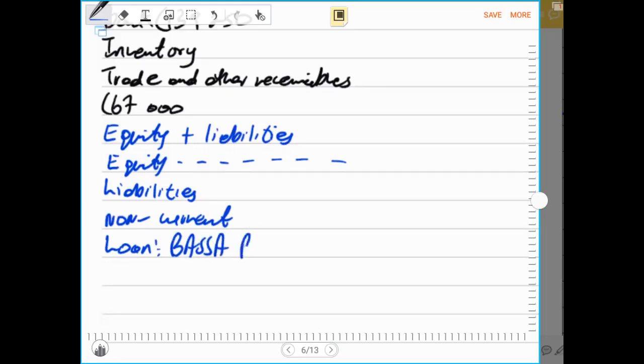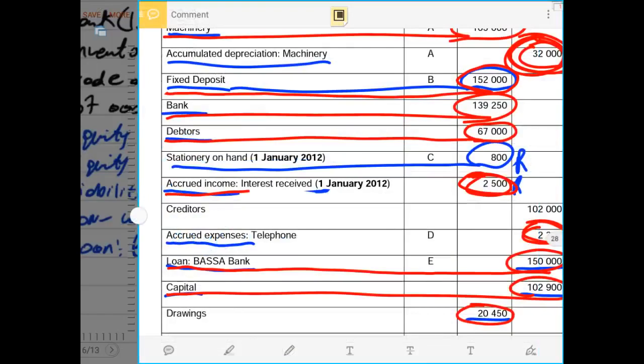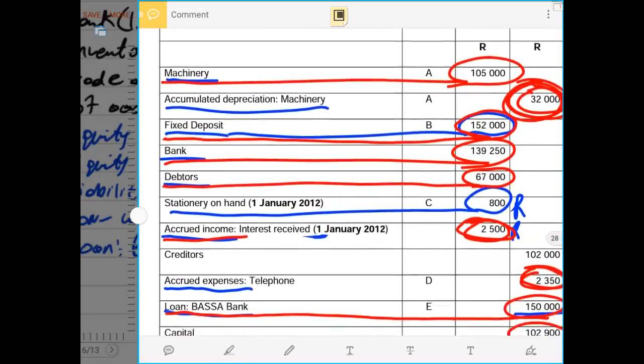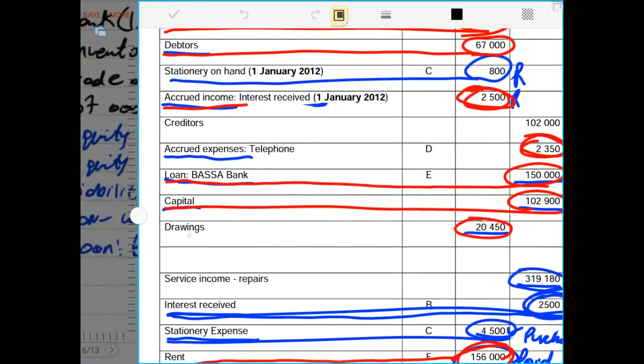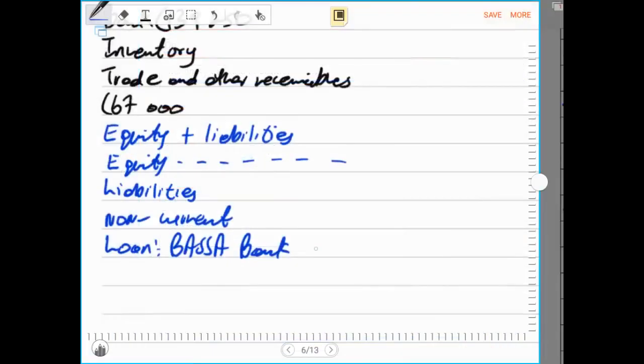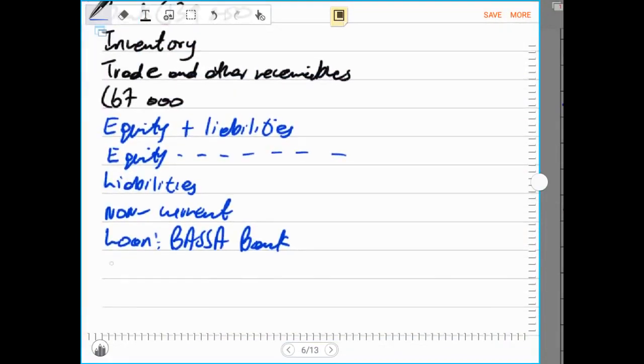In the trial balance, it was given as a loan from Basa Bank. The loan from Basa Bank was 150,000 rands, and we know that 50,000 of that is a current liability. So let us say the loan from Basa Bank is 150,000 rands, because we still have to make an adjustment.